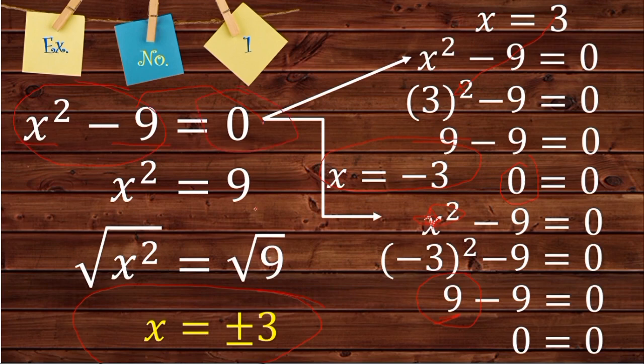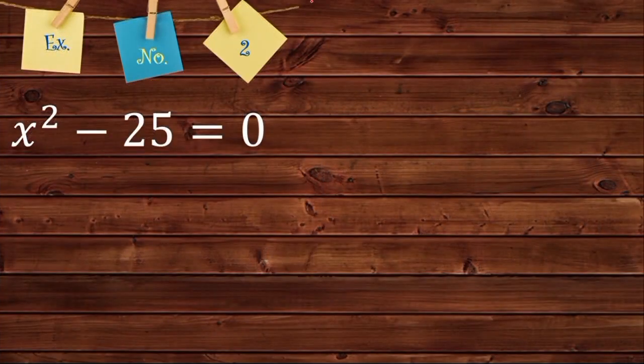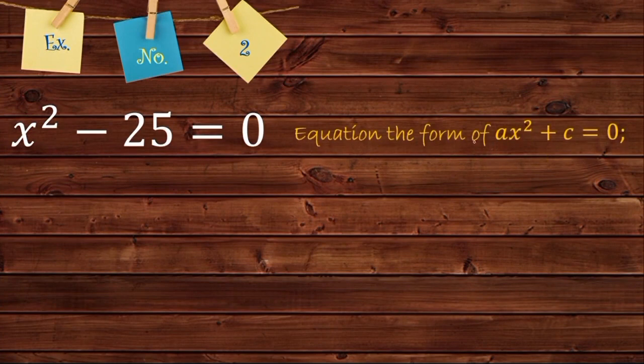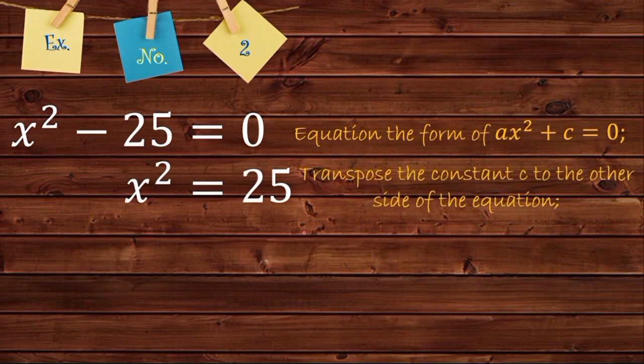Let's have another example. We'll have x squared minus 25 equals 0. The equation is in the form of ax squared plus c equals 0. Next, we transpose the constant c to the other side of the equation. From negative, it is now positive.